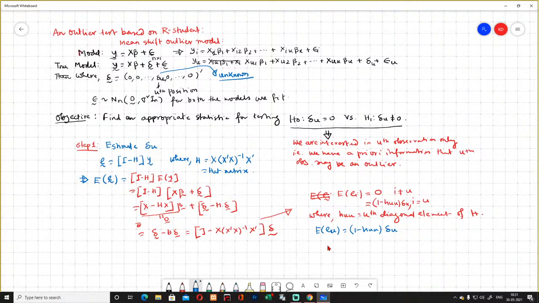Here h u is known, so delta u hat is e u hat, not e u hat, sorry, this is e u by 1 minus h u, and we see that delta u hat is an unbiased estimator of delta u.